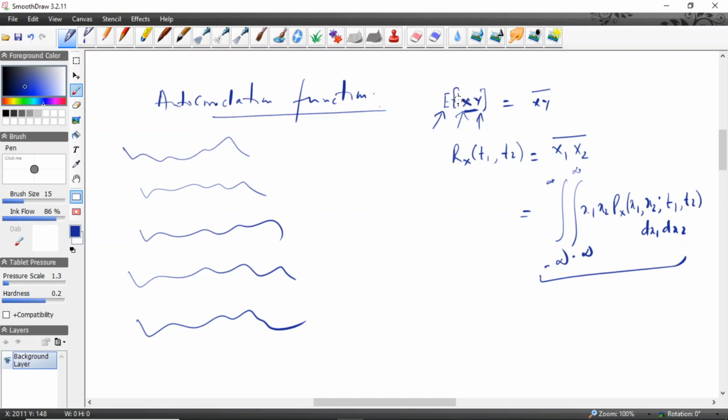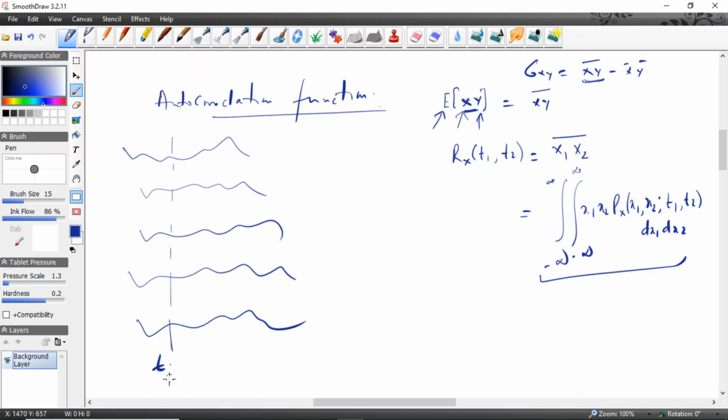This we have already discussed in the covariance. The covariance of the two random variables is basically xy bar minus x bar y bar. This term xy bar we have called the correlation. Now the random variables that you are generating in the random process are from the same process.